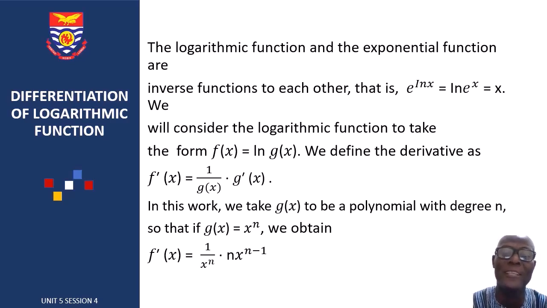Now, if g of x is taken to be x to the power n, then the derivative of this function, the derivative of f of x, equals 1 over x power n, multiplying the derivative of x power n, which is n x exponent n minus 1.